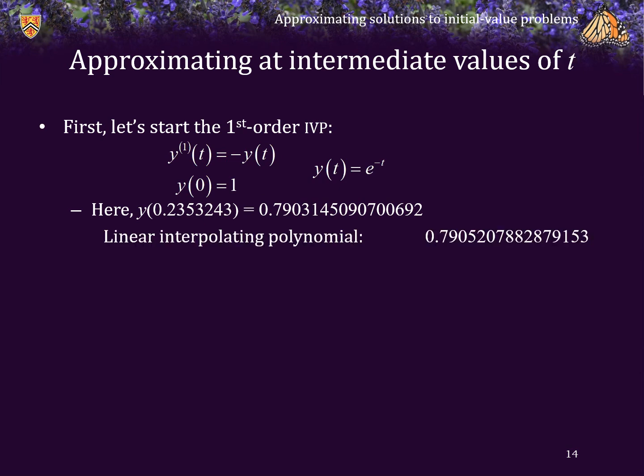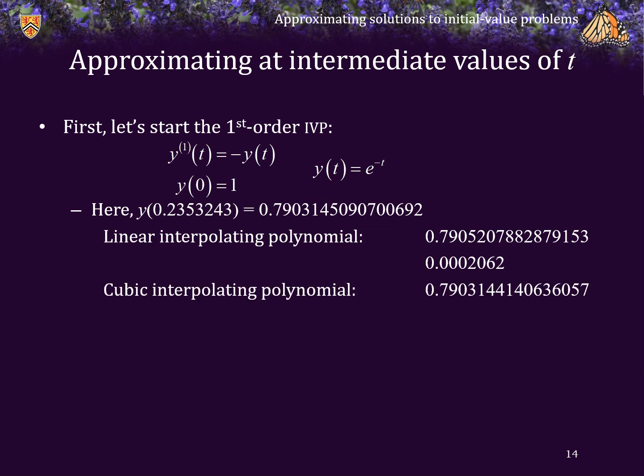If we interpolate the 2 points 0.2 and 0.25 with a linear interpolating polynomial and evaluate at that point 0.23 and change, we get this value here. That's the error. Well, that's not a very large error, but let's see how well an interpolating cubic does on 4 points.